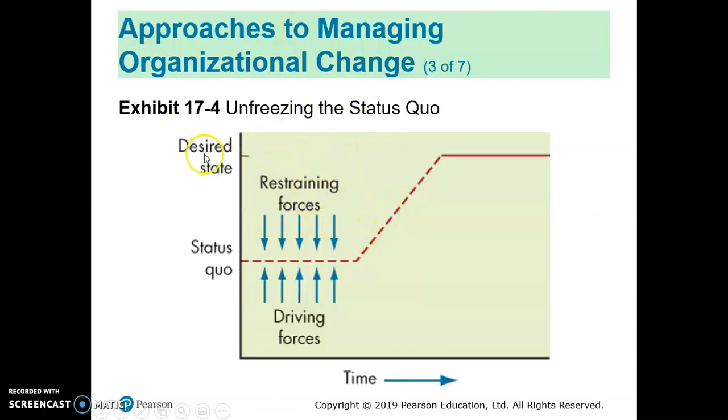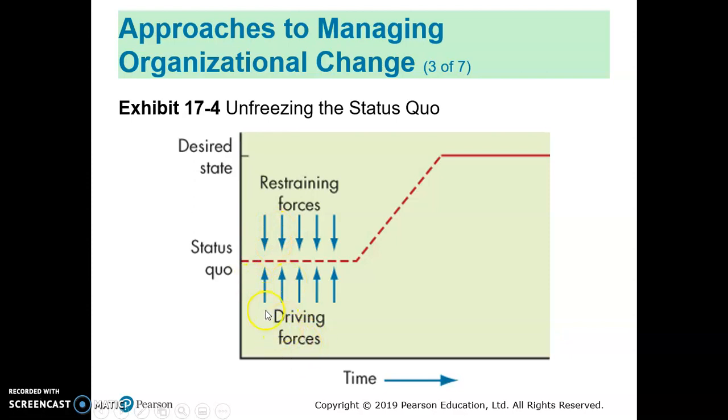So this is the slide given in the textbook. Restraining forces: normally, if we want to move to the desired state from our status quo, the present state that is not desirable, there will be restraining forces. There will be evil forces that try to persuade us to go back to the status quo. That's why it's showing here that restraining forces push the change down, so that the change will not happen.